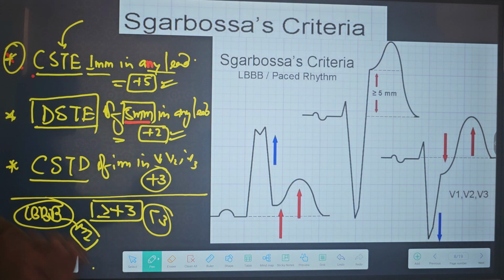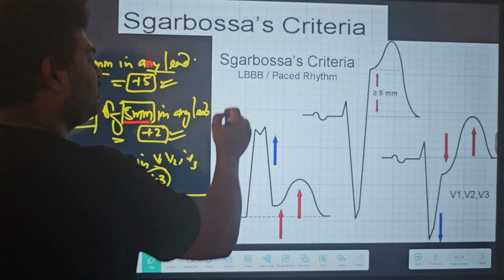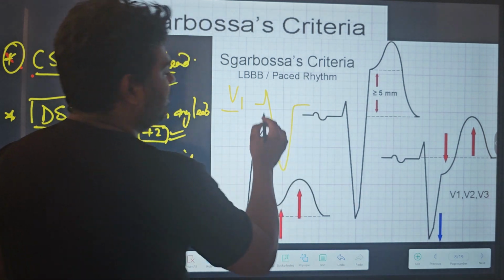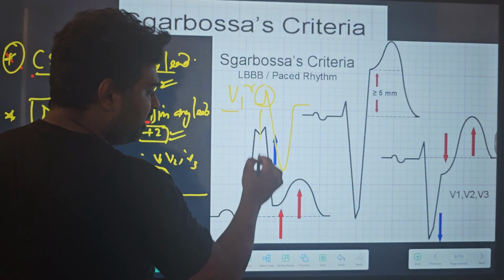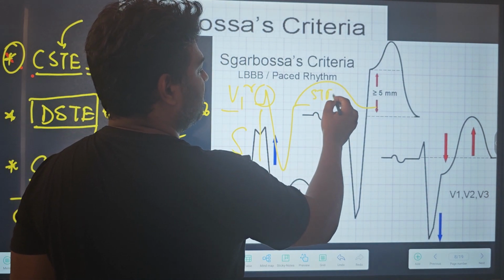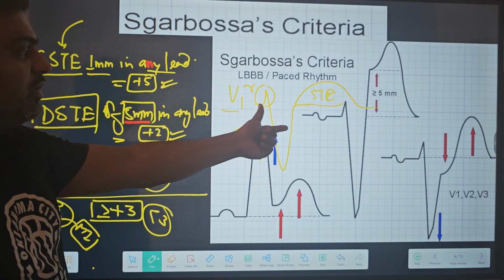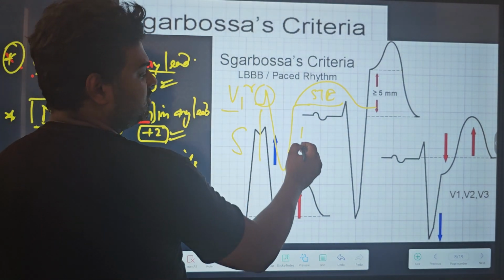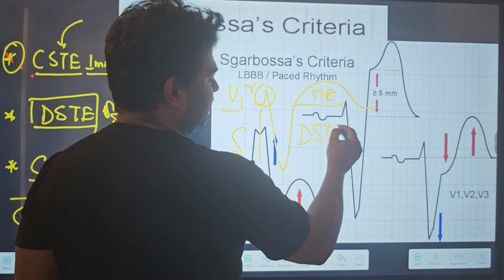Why? Because when we see an ECG of left bundle branch block, we have seen that in lead V1 we see a pattern like this: a very small R wave and a very deep S wave, and then there is an ST elevation. So what pattern is this? This pattern is R minus S is negative and there is ST segment elevation. So this is called discordant ST segment elevation.